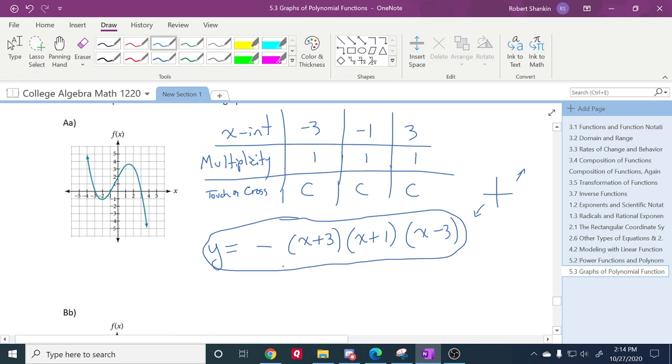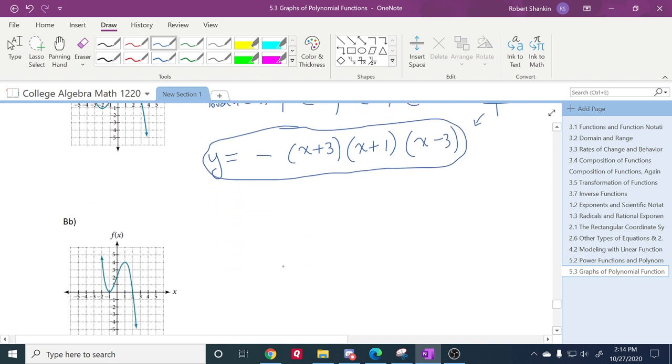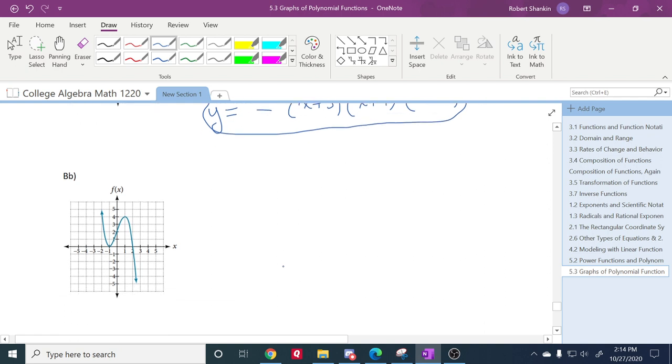Okay, so one other one, because this one, I could say, oh, it's only got 2 x-intercepts. When x is equal to what? Negative 1. And when x is equal to negative 1, it touches.